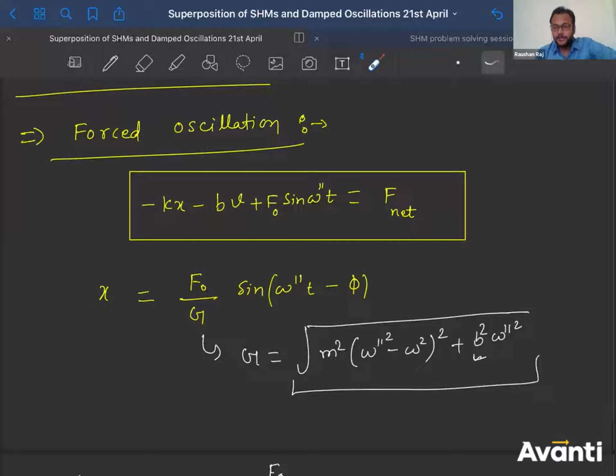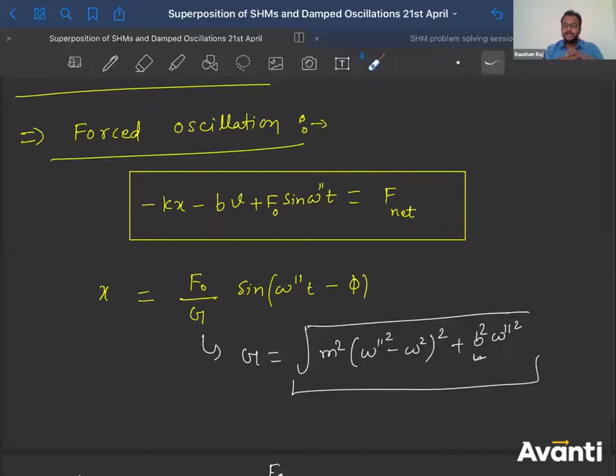When you study gas turbines or the turbines used in hydroelectric power plants, they revolve at very large speed, so there will be so much vibration. And if the extra force exerted on the vanes of the turbines makes the driving frequency match the natural frequency of that body, what will happen?